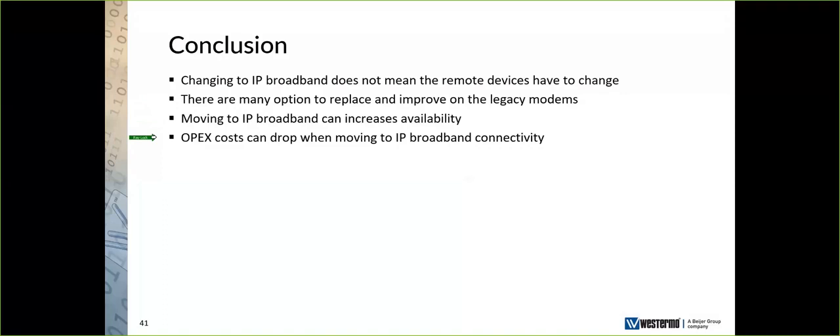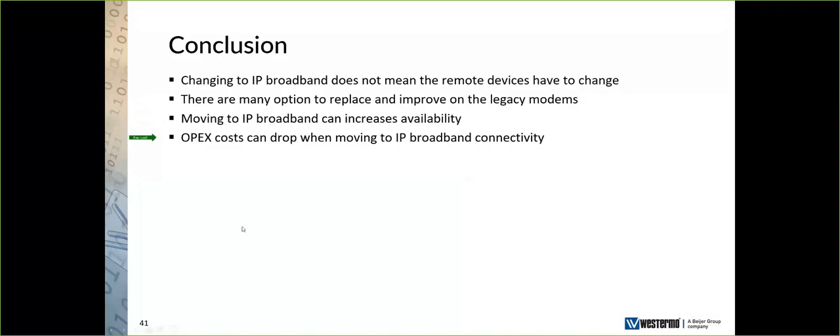So moving to IP can seem daunting to start with, or a big mountain to climb, but in actual fact, in terms of the technology, it's all there, well proven. In terms of costing, potentially there's some massive cost savings to be had by moving to broadband connectivity.